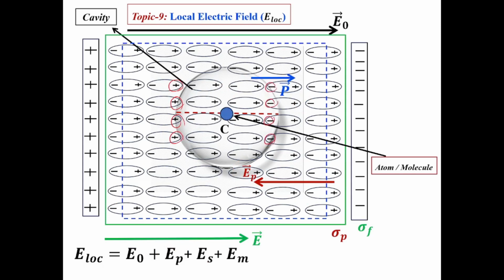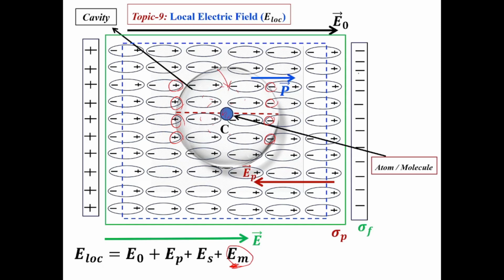And Em is the electric field intensity due to permanent dipole moments present inside this cavity or surrounding this molecule or atom which is at the center of this cavity.